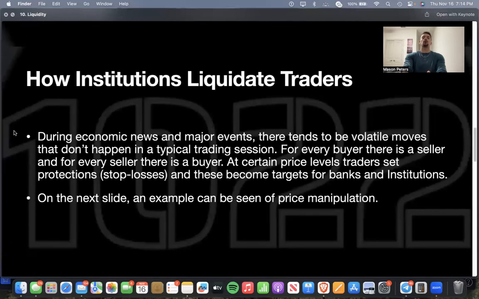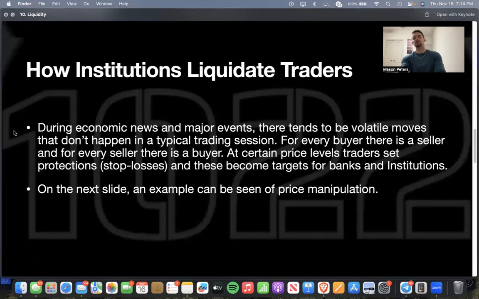And so, how do institutions liquidate traders? This was one of the main reasons that I lost, was because I was trying to go for the home run. I'd be trading during CPI and NFP, and I'd be trading during FOMC, and I'd be trying to hit the home run.